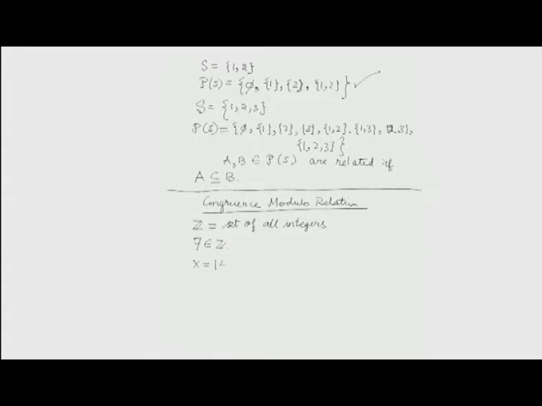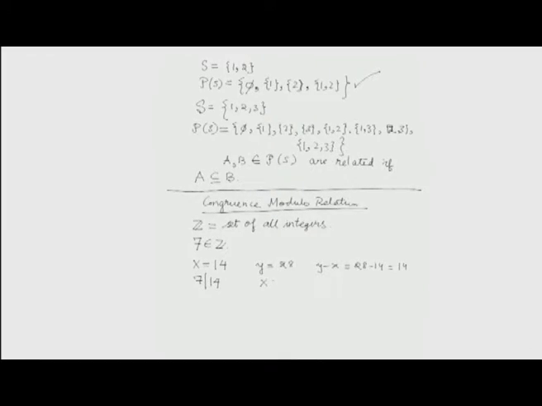Let us say x is equal to 14 and y equal to 28. y minus x is 28 minus 14, which is equal to 14, and it is of course clear that 7 divides 14, and therefore, we will say that x, that is 14, is congruent to y modulo 7, and we will write it as x ≡ y (mod 7).